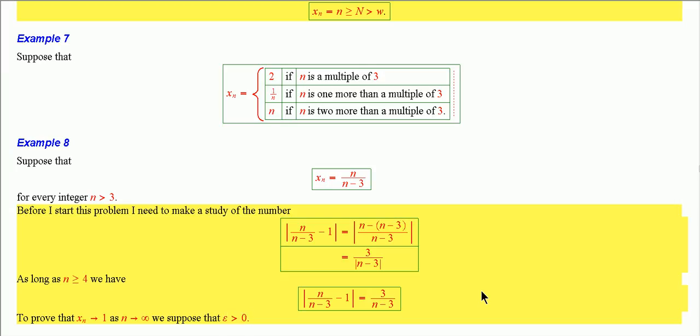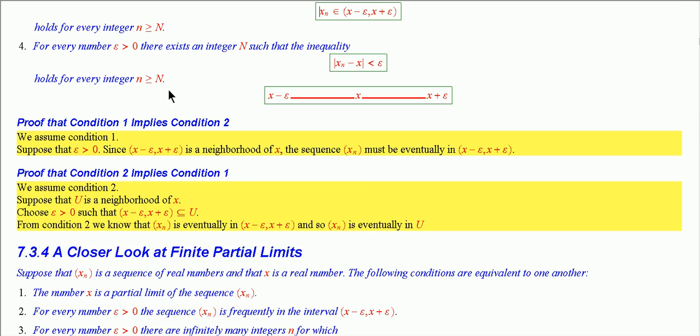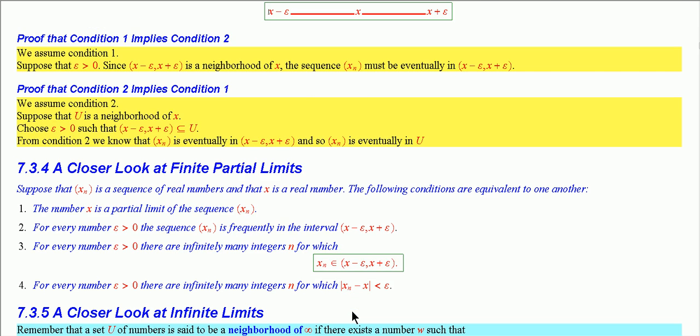And I want to know that eventually... The condition for xn to tend to x as n tends to infinity can be expressed: for every epsilon greater than 0, the sequence is eventually in the disc centered x with radius epsilon. Alternatively, for every epsilon greater than 0, the distance between xn and the number x is less than epsilon. Do you understand? That's what I'm looking at.